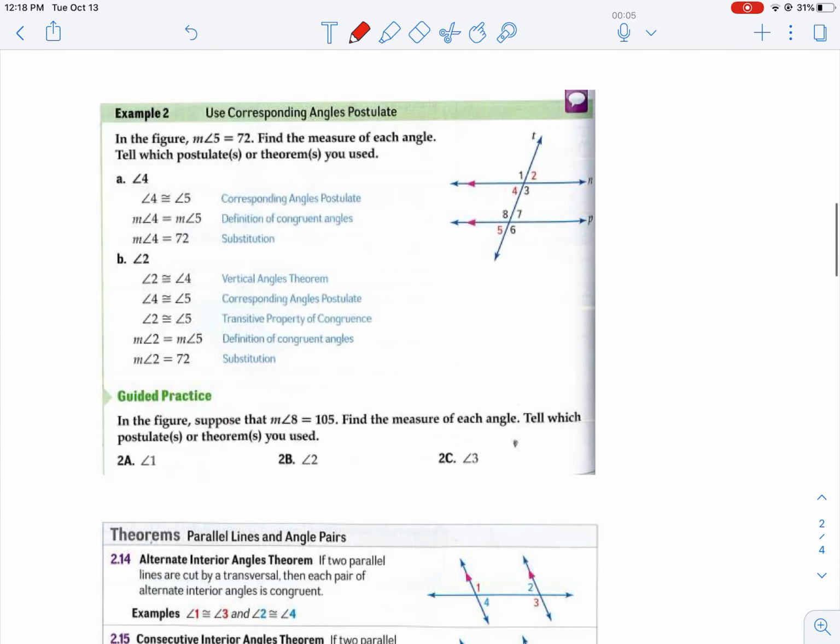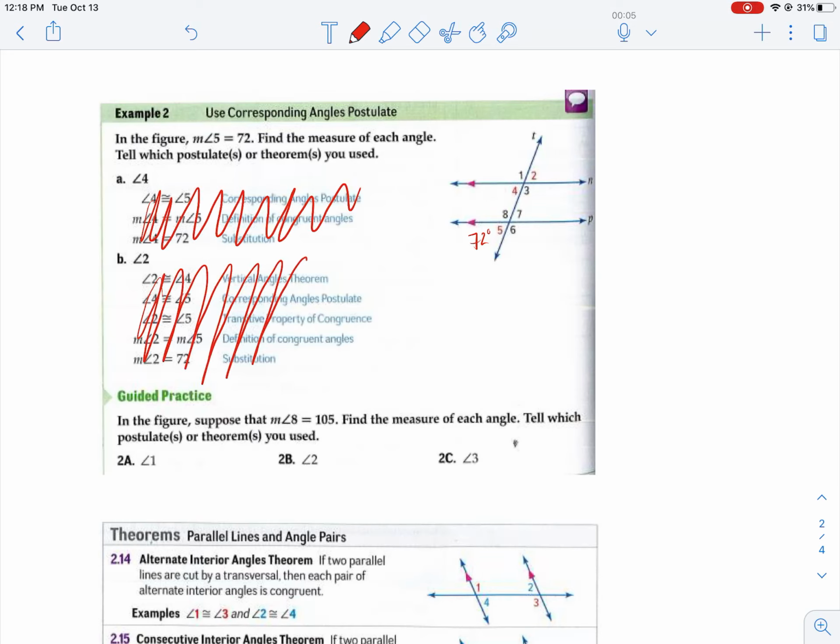So let's use the corresponding angles postulate. So it says in the figure, measure of angle 5 is 72 degrees. Find the measure of each angle, tell which postulate or theorem you used. Okay, so let's get these guys out of here, and we're just going to solve these problems on our own. Okay, so let's look at angle 4.